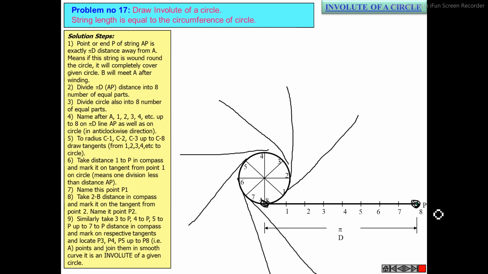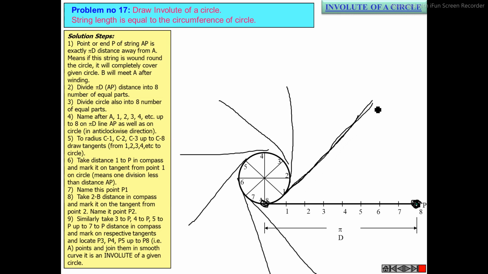Already we have got the first locus point, that is P. Next, I need to get the second locus point of my involute, and I will get that on the tangent line passing through 1, that is on this line. How will you get it?